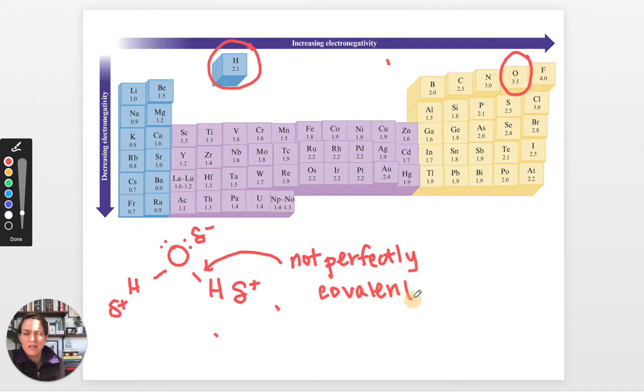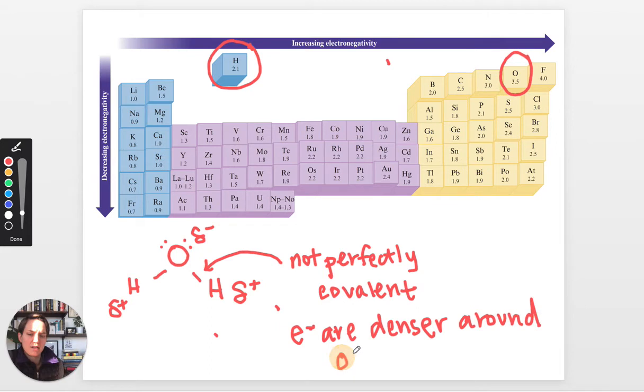What that means is that the electrons are denser, right? There's more of them. Yeah, we can say denser. We talk about electron density around oxygen. So let's just say electron concentration.